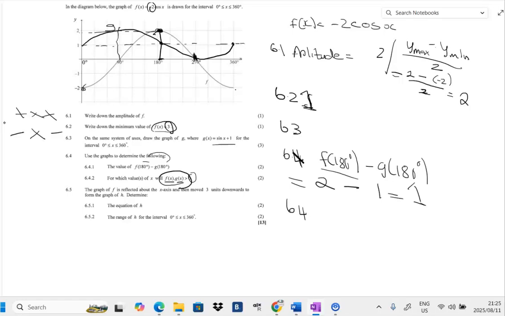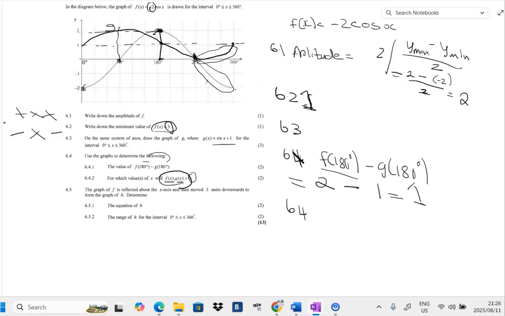From 0 to 90, one is negative and the other is positive. From 270 to 360, one is negative and the other is positive. The product of a negative and a positive is negative, so we're not looking for that.